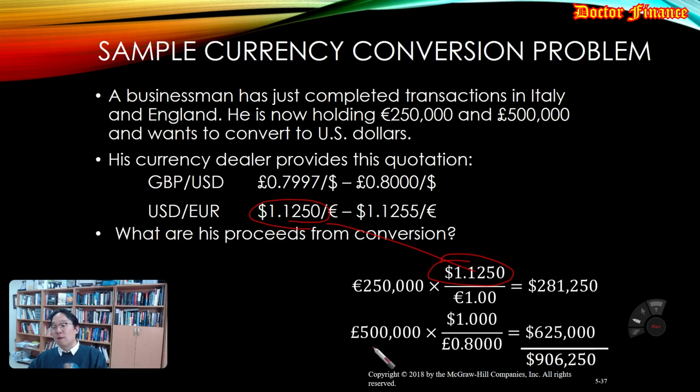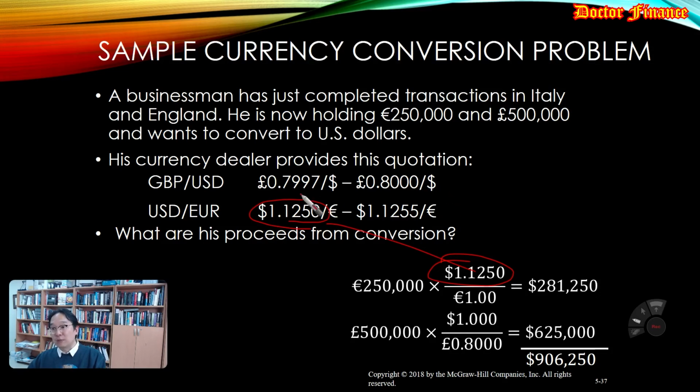Now, how about British pounds? You have 500,000 British pounds, and the bid-ask price is shown like this, but this is when the dealer wants to buy dollars from you, as opposed to buying pounds from you. When he buys pounds from you, the bid-ask has to be flipped, reciprocal. So this 0.8 pound per US dollar, you have to take the reciprocal of it.